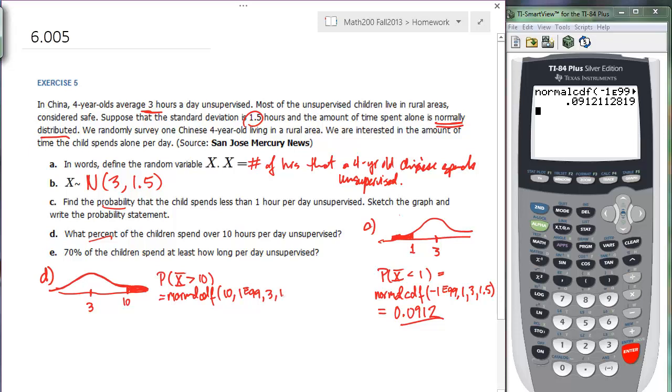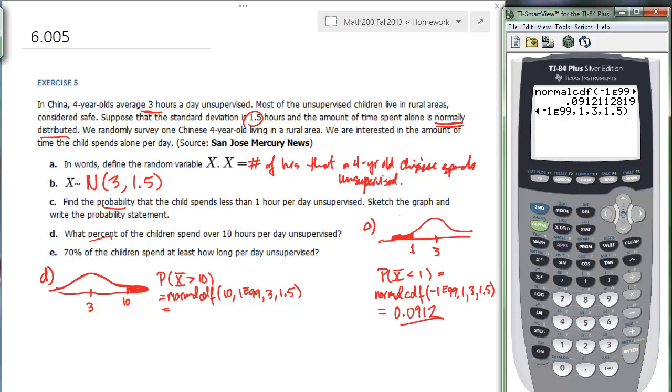Same mean and standard deviation. So if we have a lot of things in common from our previous command, we can recycle our previous command by saying second and enter. And all you have to do is move your cursor left and right to control where you want to be.